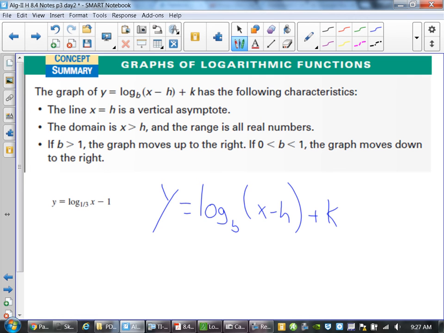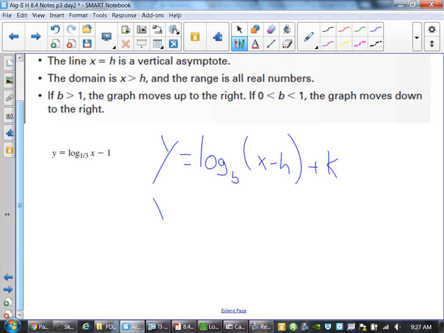Your parent graph is going to be y equals log base b of x. This is going to be your parent function. And to those points that we picked for the parent function, we will shift our h and our k. Your h stands for what? Your horizontal, your k is your?